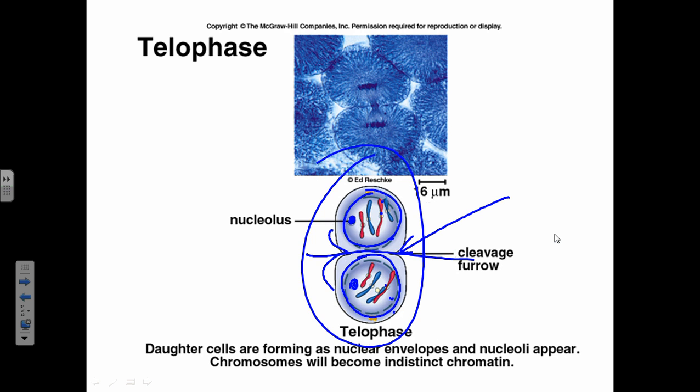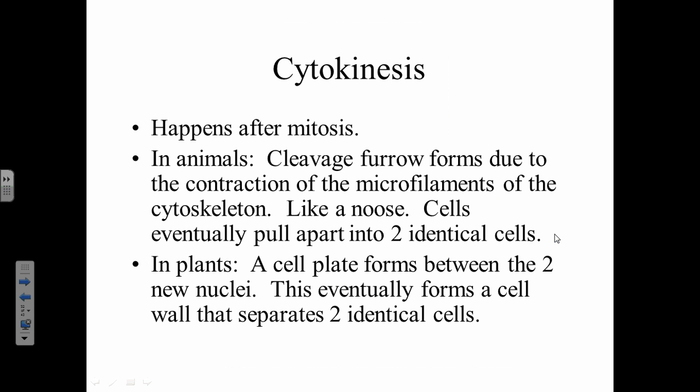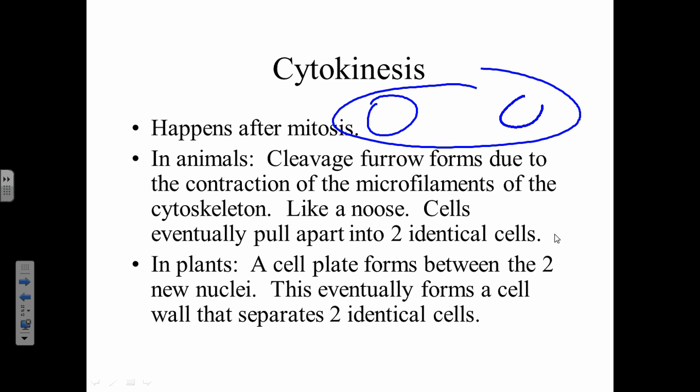So let's look at the next part. Cytokinesis happens after mitosis. It happens a little bit differently in animals than in plants. What complicates it in plants? A wall, right? That makes it a little more complicated. But in animals, essentially, you start off with, like I said, a cell with two nuclei in it that are the same.